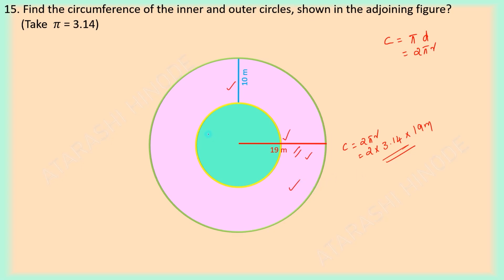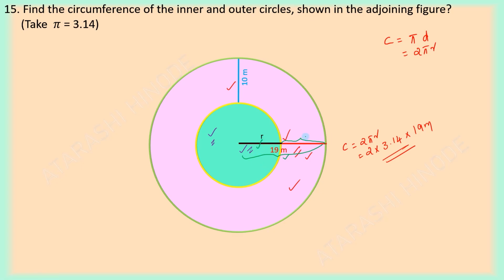Now, what about the inner circle? How to get its radius or diameter? Here, the radius of this inner circle is this much length, and we need to get this length. We know this total length is 19 meters, and if from this 19 meters we subtract this much length, then we will get the radius of this circle.